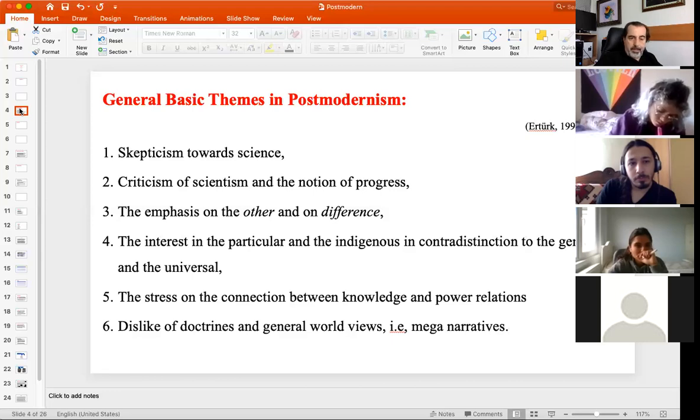And there is the stress on the connection between knowledge and power relations. Even in science, we have these kinds of power relations; the relationship between the teacher and the students is an example of this, right?